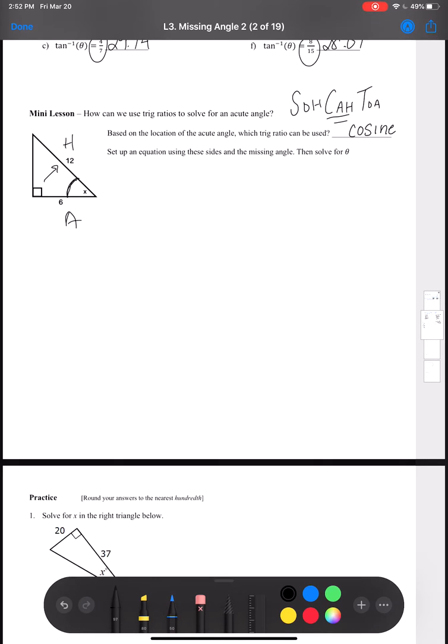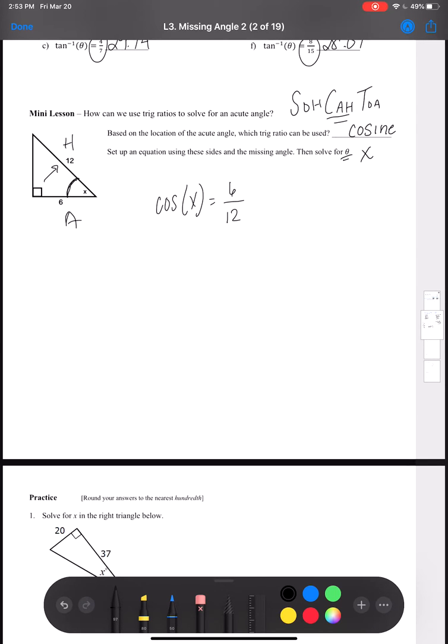Set up an equation using these sides and the missing angle, then solve for theta. In this case, our theta is x, and that's okay. So we have the cosine of x is equal to the adjacent side over the hypotenuse.